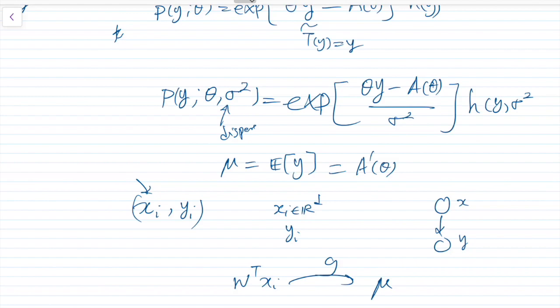And you see that this g function can become handy because it can make our life easier. So basically I'm assuming that there is a function of mu that I can estimate with a linear function.